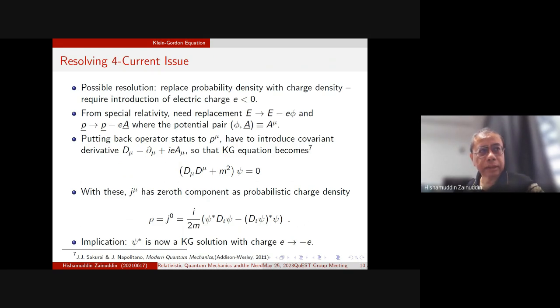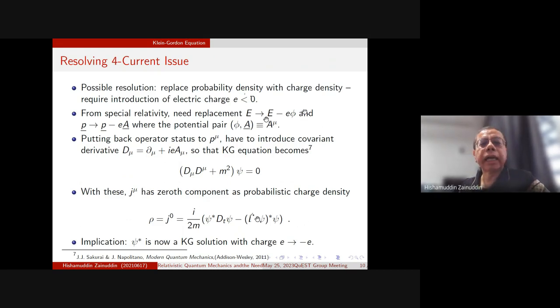In this way, it's like a special case. Previously, we didn't talk about electric charge. Here you introduce electric charge, and when you do, you introduce other degrees of freedom. From special relativity, since you have a charge, you have a source, and so you have an electromagnetic field to be considered together.